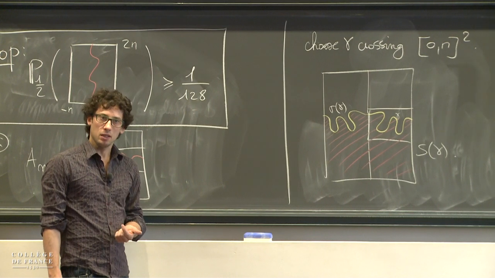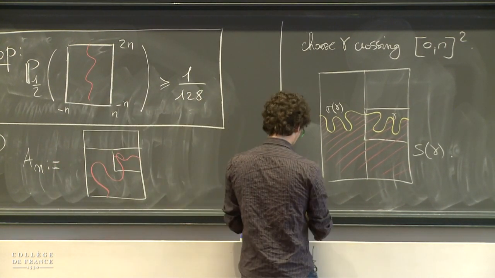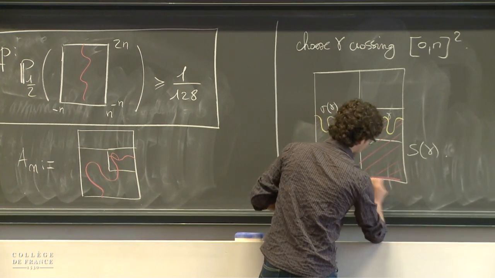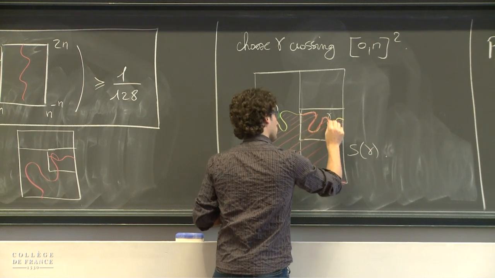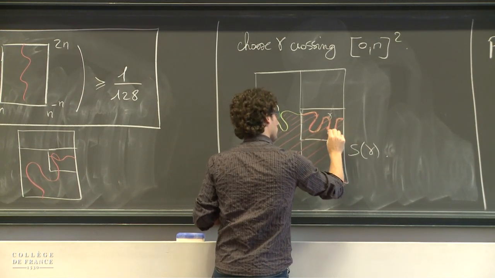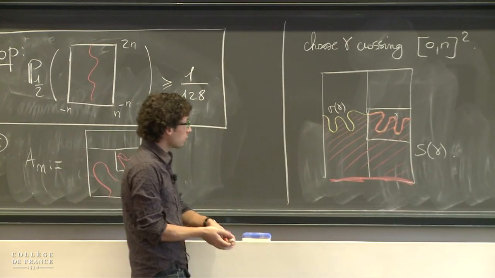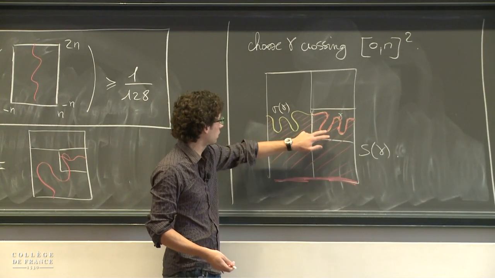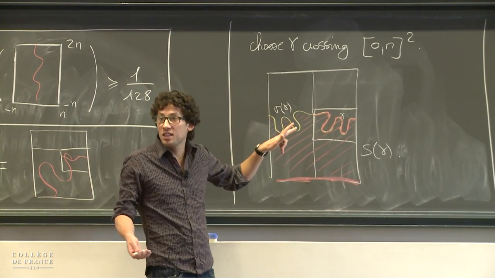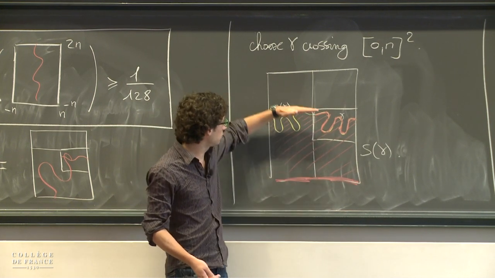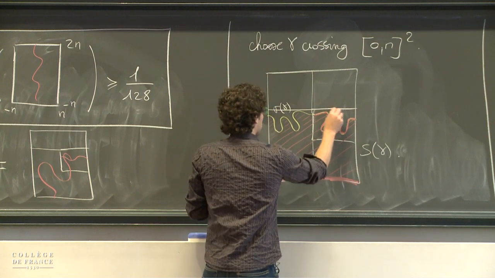What is the probability in S of gamma that the bottom, this part, is connected to this part? Well, first, what is the probability that this is connected just to gamma union sigma of gamma? Well, it's definitely larger than the probability that this is connected to this, right?